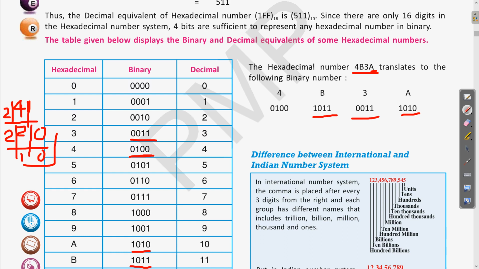So from bottom to top, 100 is written, but it is in hexadecimal, so we have to write in the 4-digit form. So we will write one more 0. Clear? So in a very simple way we are doing all the things, and we have taken various examples as well. So this way you can see this 4 is represented as 0100. Clear? So this way we can write this hexadecimal into binary.